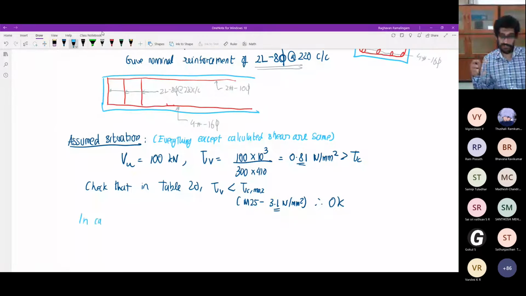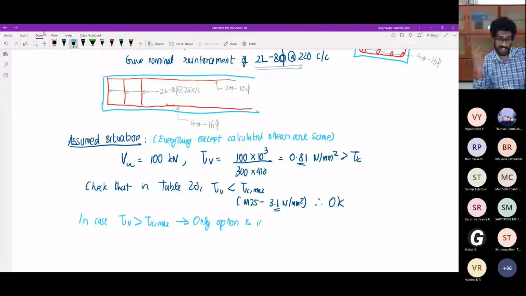There is no other option. You cannot give any amount of shear reinforcement to take care of this issue. Shear reinforcement can only be given if tau v is lesser than tau c max. If it's greater than tau c max, whatever shear reinforcement you give, your beam will still fail in shear compression. In our situation that problem is not there, so we don't have to deal with it.